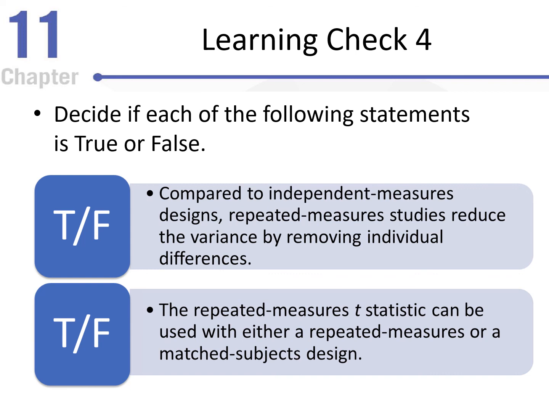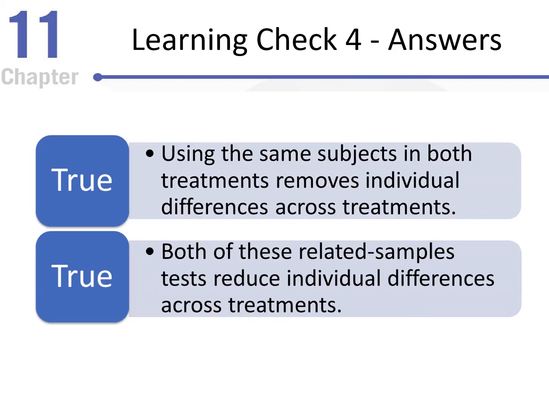Statistically you're treating them the same, but from a research design perspective, they're not the same people. So that just underlies my real hesitancy to use the match subject design. But yes, we treat them statistically the same, so we use the same t-test. So these are true statements, both of these.